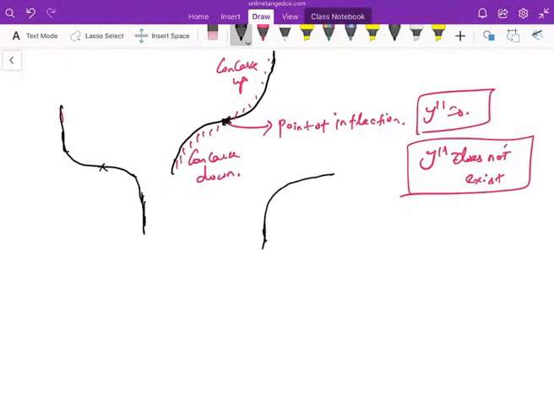I hope it's clear. Suppose it is something like this; here the slope does not exist. This is also a point of inflection. Here the slope is 0, so y double dash is 0, and that is a point of inflection. And here y double dash does not exist, which is also a point of inflection. That's where it is changing its concavity.